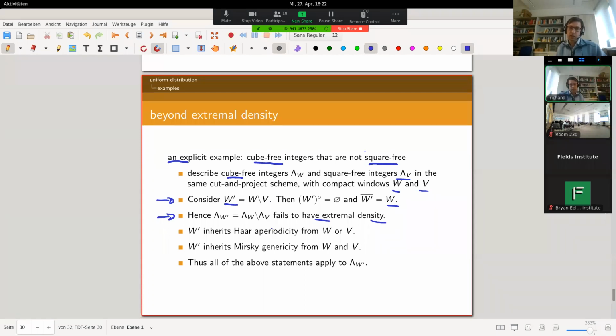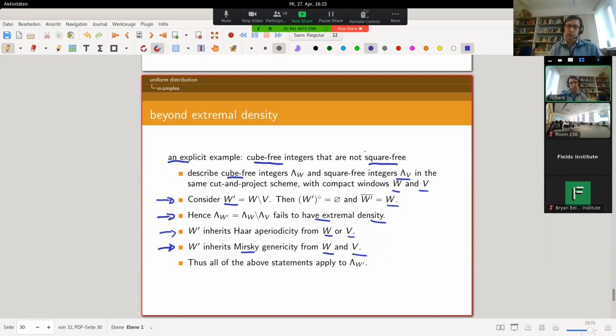On the other hand, you can show that this window inherits aperiodicity, high aperiodicity, from W or from V. And you can also show, this may be a bit more complicated, that W prime inherits Mirsky genericity from W and V. And this means all of the above statements apply to this set.